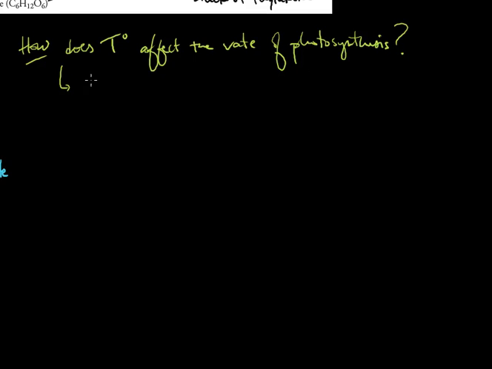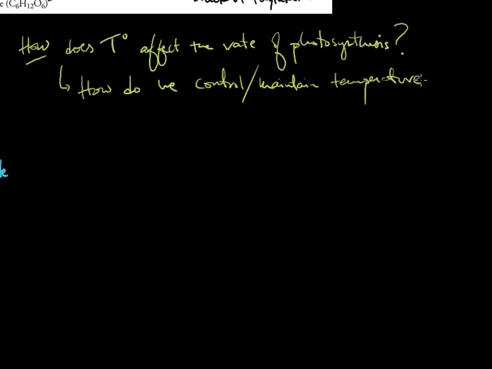But questions that you should think about is, how do we control for this? How do we control, or maybe a better word here is maintain, the temperature of the environment? And in our classroom, it may be variable. In a greenhouse outside, it's also going to be variable. So how do we maintain that?